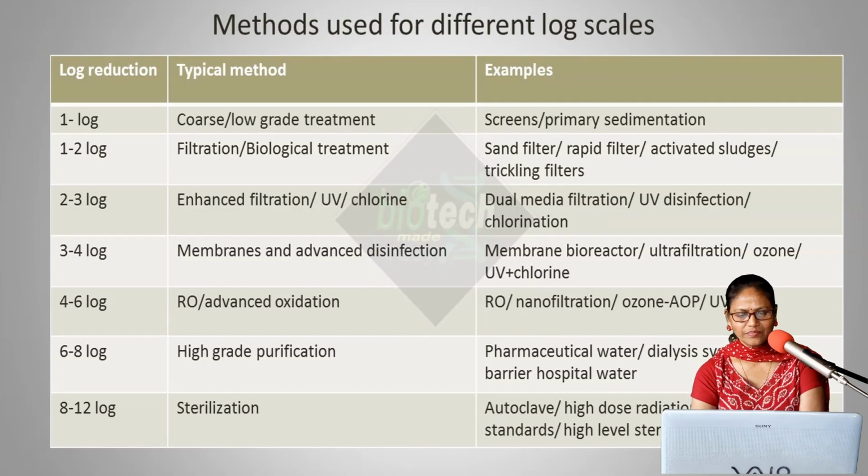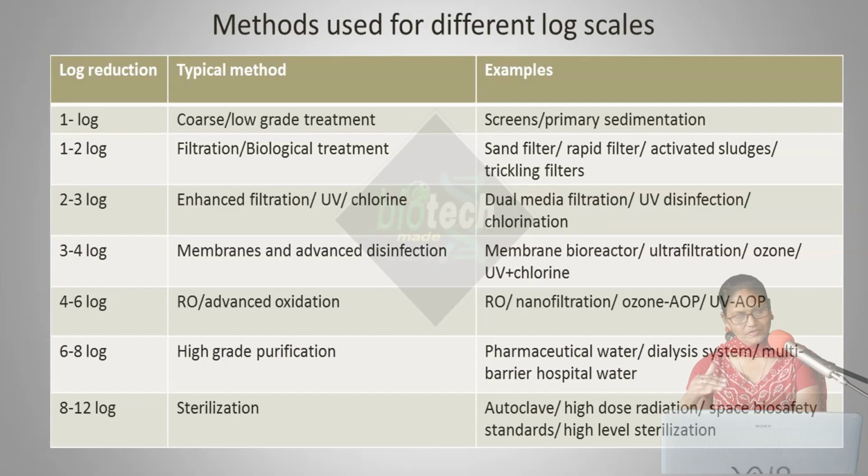So that combination can be used. 6 to 8 log is quite high. Here high grade purification is needed, as in pharmaceutical water, dialysis systems, multi-barrier hospital water. And for the highest level, 8 to 12 log, you need sterilization. The examples are autoclave, high dose radiation, space biosafety standards, high level sterilization. So these are the different types of methods which we use for different log levels.